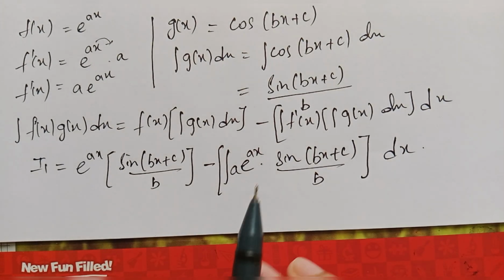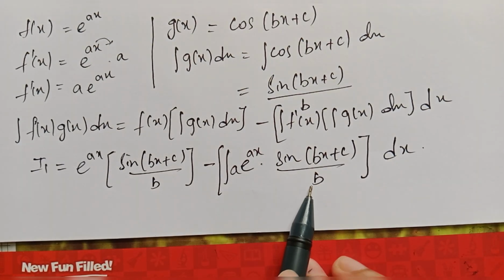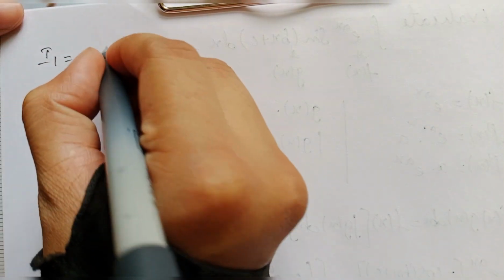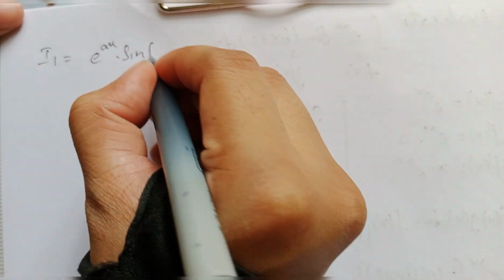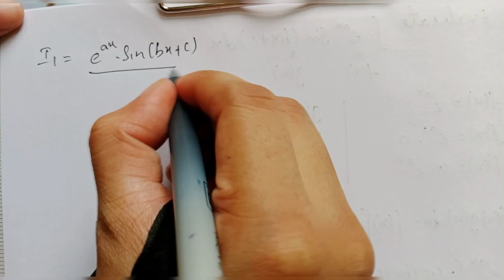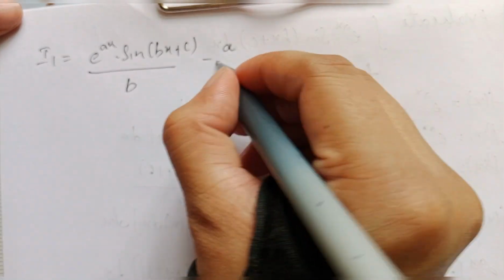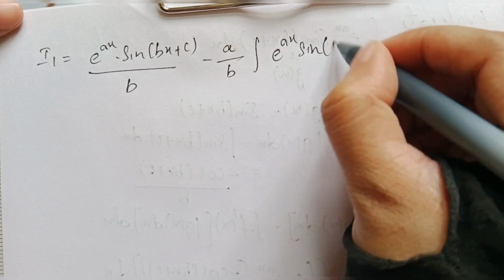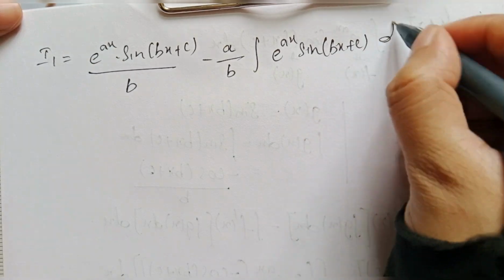Here the constant term is a by b. We will write it outside, and the first term will remain as it is. So I1 is equal to e^(ax) sin(bx + c) by b minus a by b outside, the integral of e^(ax) sin(bx + c) dx.